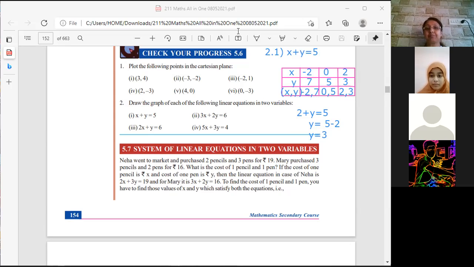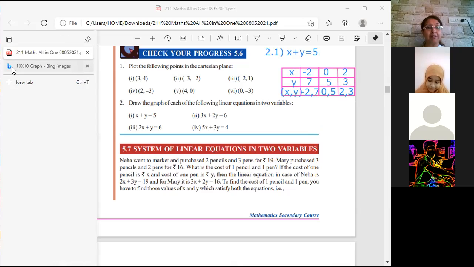Now I am going to use the graph paper to plot these 3 points, and I'm going to draw a line, and on that line I am going to write the equation of the line. Can we go to the Cartesian plane that we have?